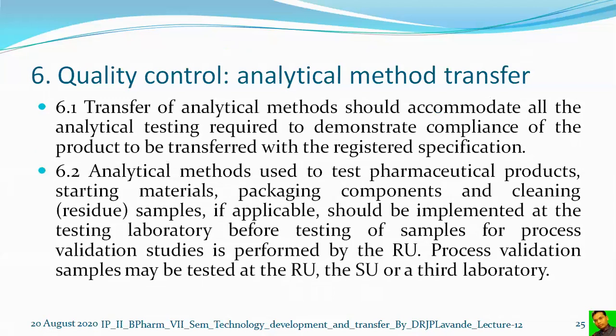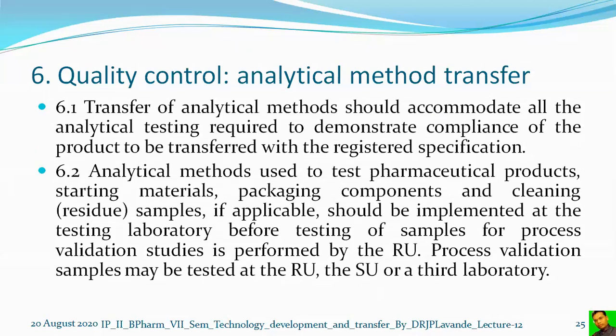Now, after the fifth guideline, that is the production transfer related with the process, packaging, and cleaning, there are guidelines prescribed by the WHO which are related with quality control.